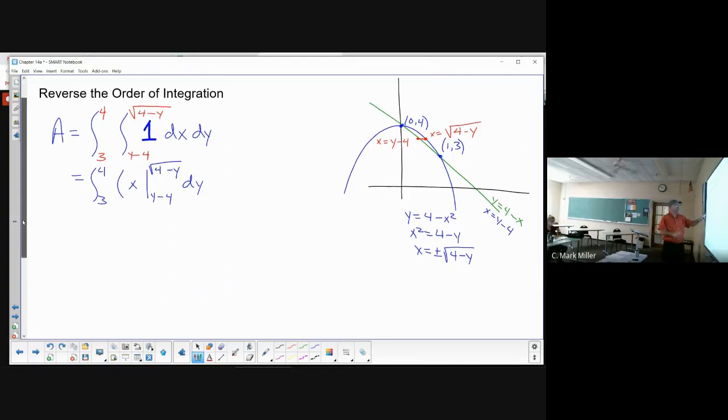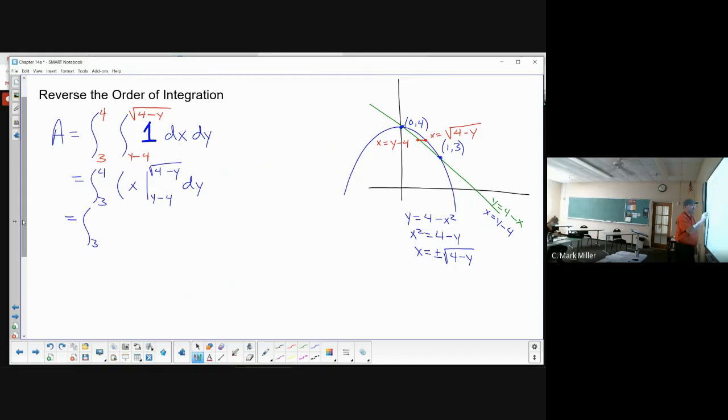So this is going to be the integral from 3 to 4. Plug in x equals the square root of 4 minus y, minus what I get when I plug in x equals y minus 4. By the way, when you're done, you better not have any x's left, because you plugged in for the x's.